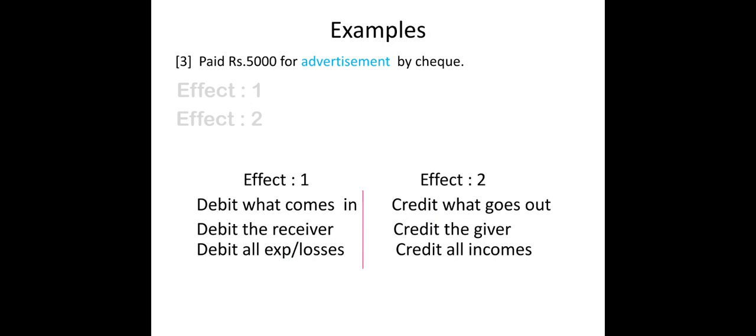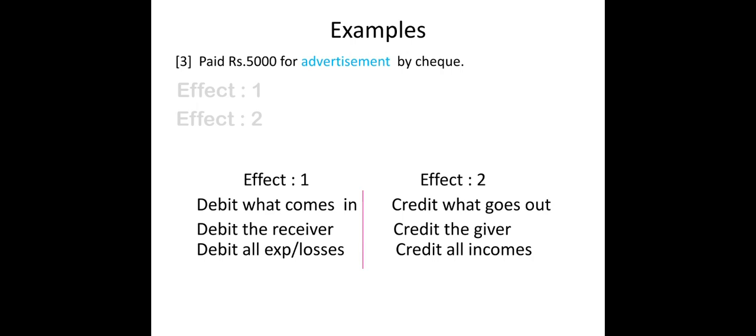Okay. So our transaction is we are paying advertisement expense. Now, student, you know that in business we have to advertise for good earnings, more sales. Okay, so advertisement is very useful. Now here we are paying how much? Yes, 5,000 by check. Okay, students.